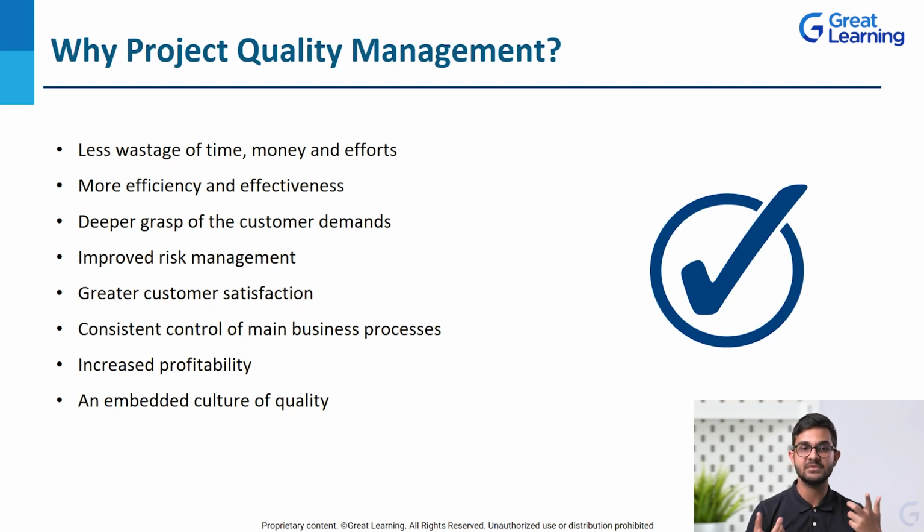That's why project quality management is extremely important. Then increased profitability, because definitely there will be less wastage of time, energy, and money. Whatever human resources and non-human resources we have, we will make sure that each and everything is efficient, effective, and productive. That will make sure that the profitability is eventually increased.